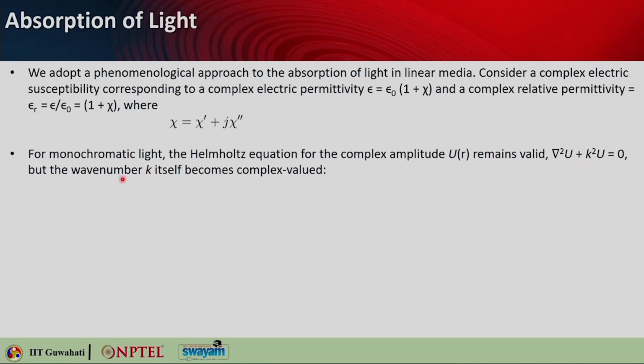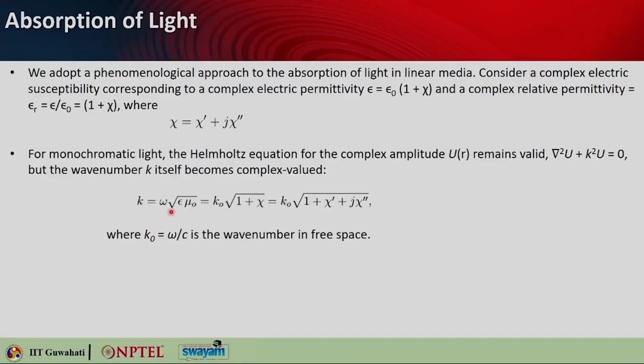So, k, the wave number, will now become complex valued. It means it will have a real part and also an imaginary part. So, you can write k equals omega. Usually what you write, k naught, that is the wave number in vacuum, is nothing but omega, the angular frequency, over c, that is the speed of light.